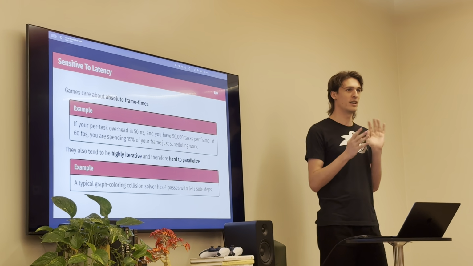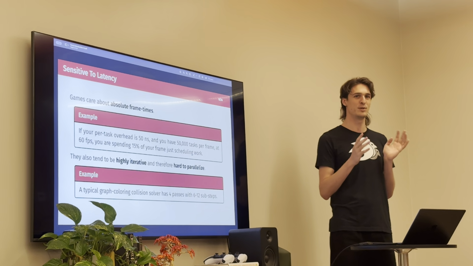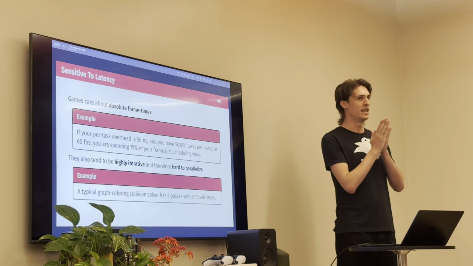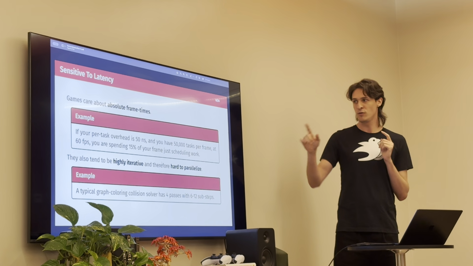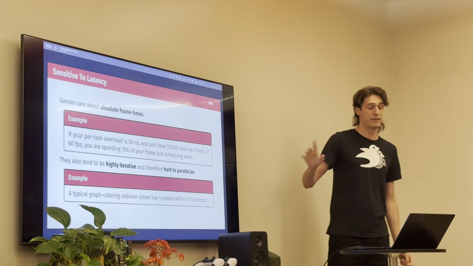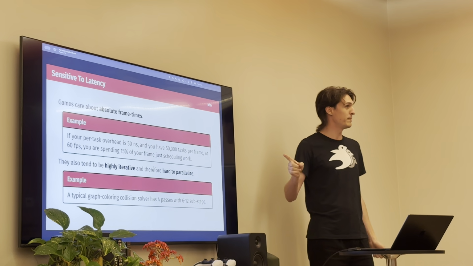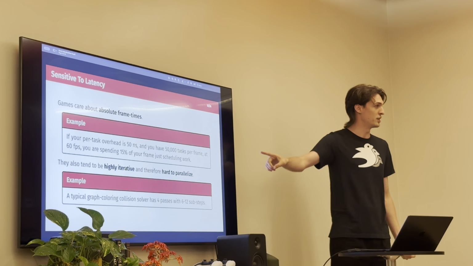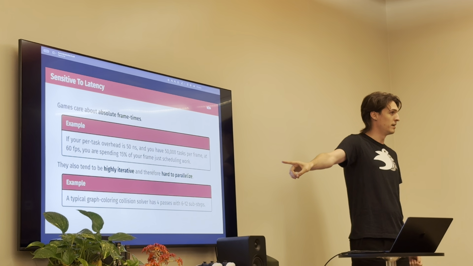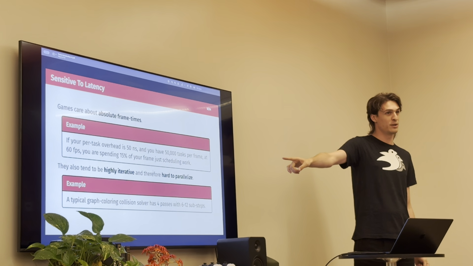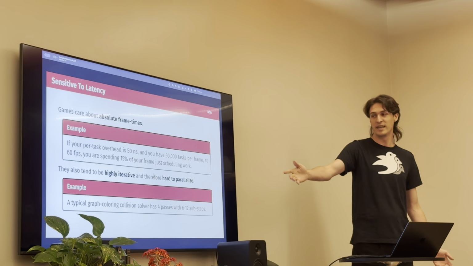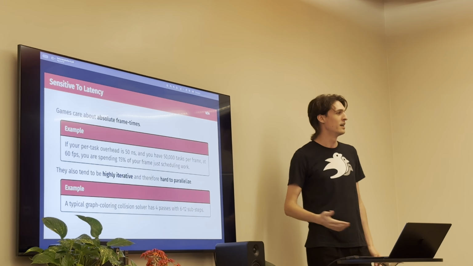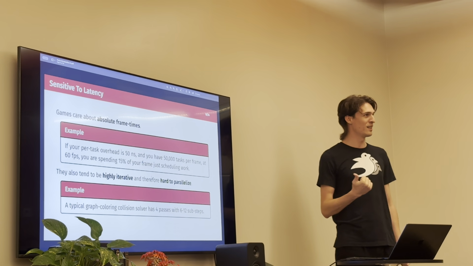That's like maybe unlocking a mutex a couple times, locking a mutex, maybe if it's contested. It's not a huge overhead. If you do the math here, then if you're rendering at 60 FPS, you will have to be spending 15% of your time on just that overhead. If that's single-threaded, then you're spending 15% of your frame just doing nothing but figuring out where to run work. That's an easy way to lose a lot of performance.